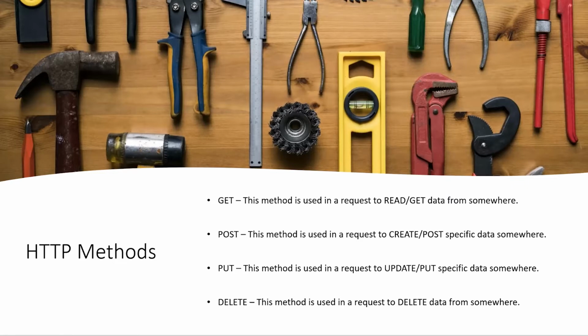It's as simple as it sounds. If you send a GET request, you're expecting to receive data back from the API itself, or it's a read function to get data from somewhere.